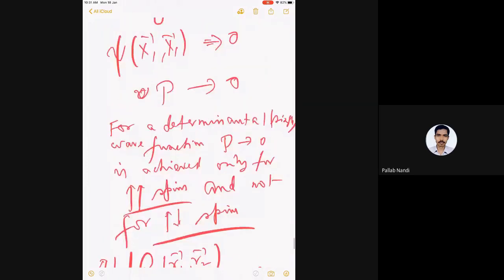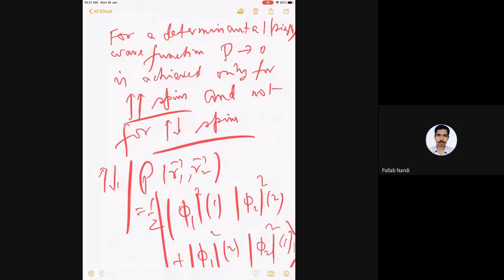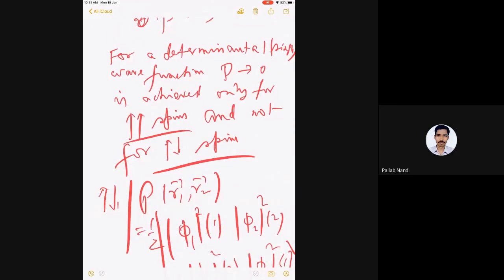Because in the exact case, psi must always be 0.